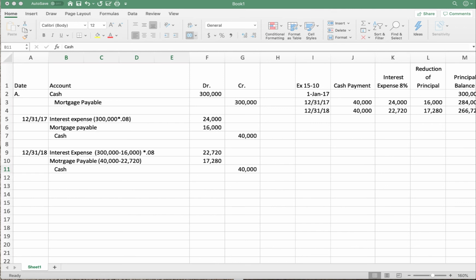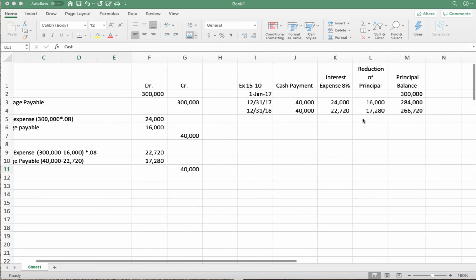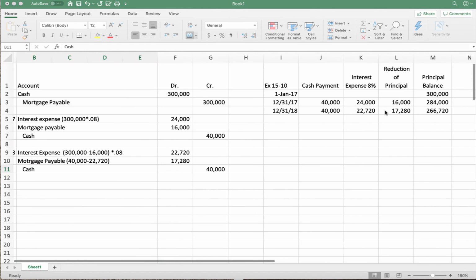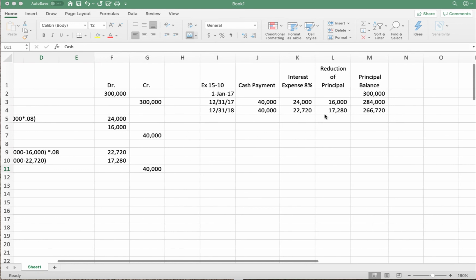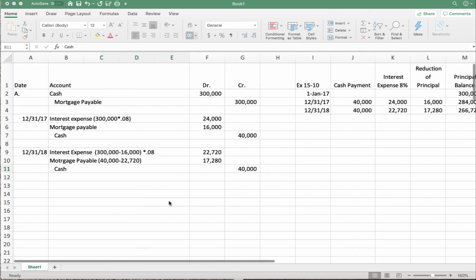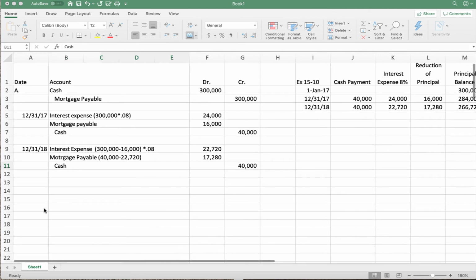And why is it easy? Well, it's easy because we already have the numbers in our chart. At the end of 2017, how much am I going to have to pay to reduce the principal of this note? Well, $17,280.